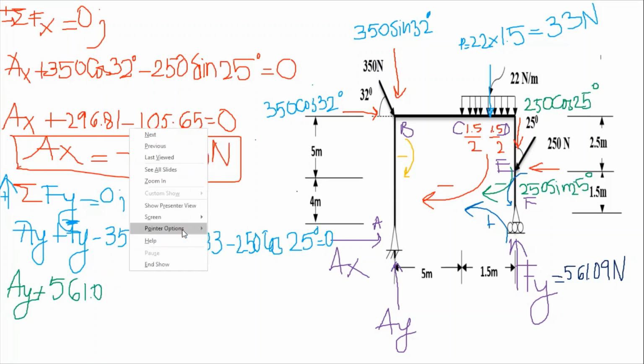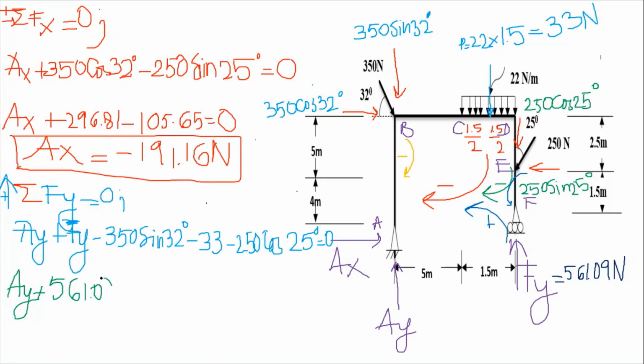And this is what we are going to take, green color, 561.09 minus 350 into sine 32 degree, 185.47, minus 33 minus 250 into cos of 25 degree.